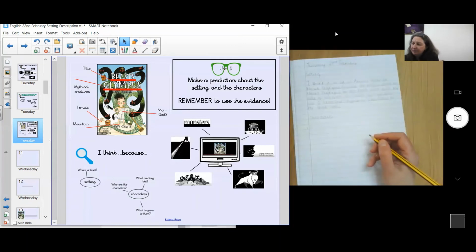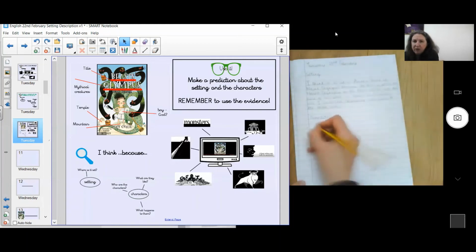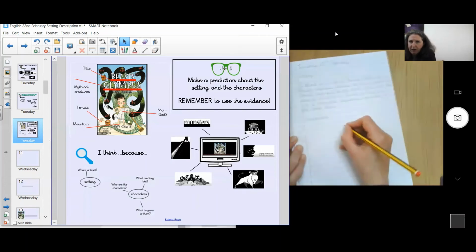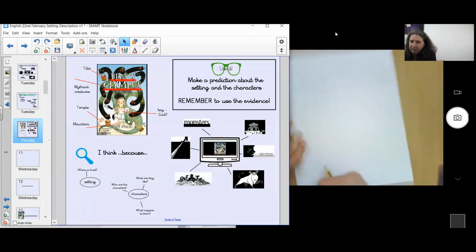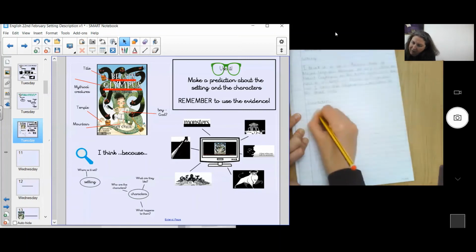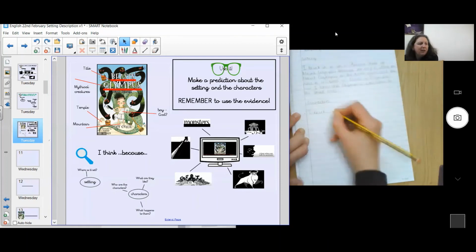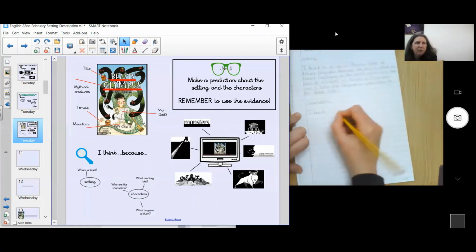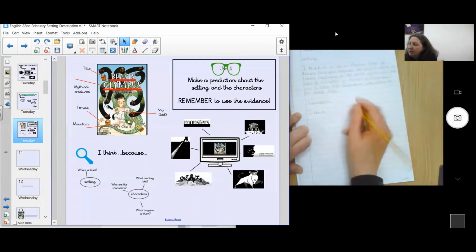Okay, so of course, again, because I am making a prediction, I am going to start with I think. Okay, and then I'm going to say what I think. So I think the main characters will be the boy, the mythical creatures, and the gods. Okay, so I'm going to write that.